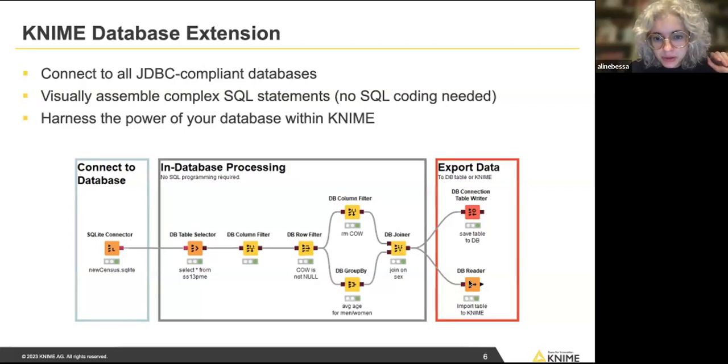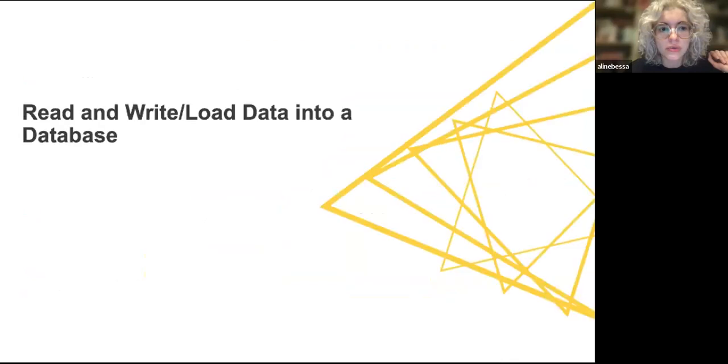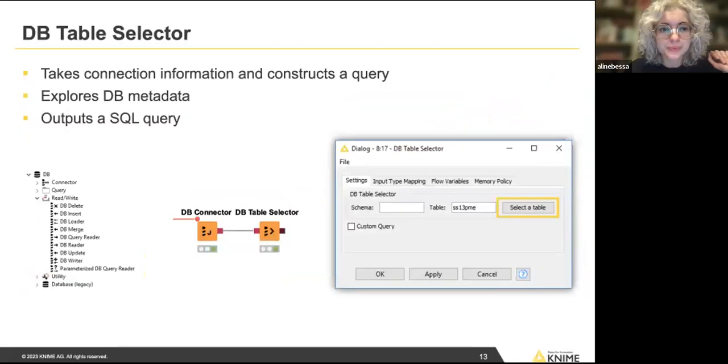When the DB reader node connects with the output of this node, gets this SQL statement as input, it executes it, and brings the data that corresponds to the output of that statement into KNIME. Okay, so let me know if anything is not clear. It may get clear as well when we go over the demo.